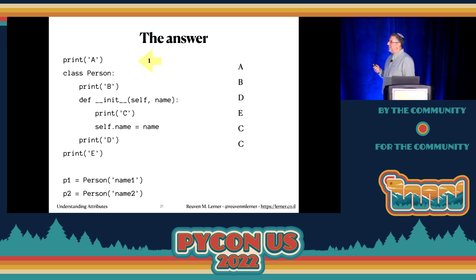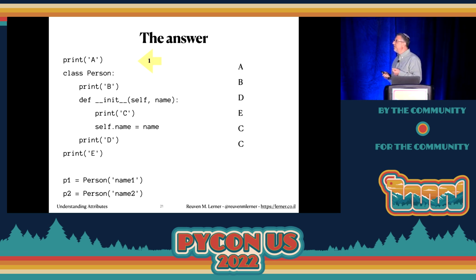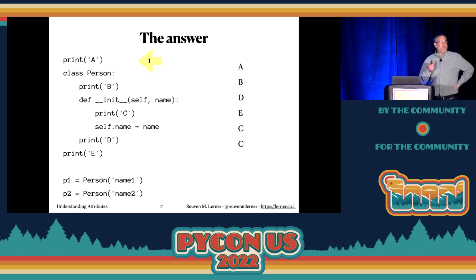OK, well, what's going on here? Because that is not obvious to an awful lot of people I show this to. And I really enjoy showing this to people because it forces you to really think through a lot of these issues having to do with classes. So print A, duh, fine. But many people, especially those coming from statically compiled languages, say, well, OK, this print B here, that's not going to run at all.